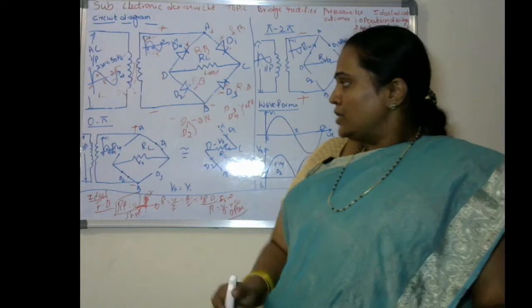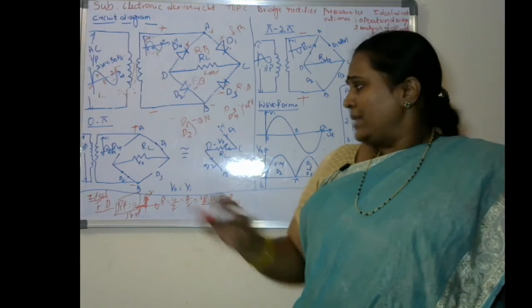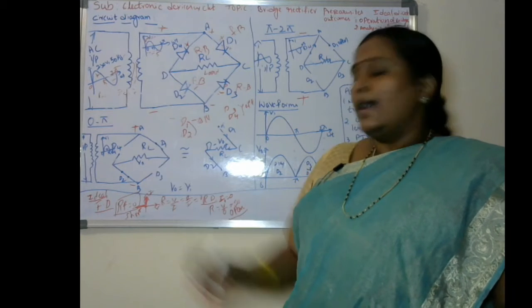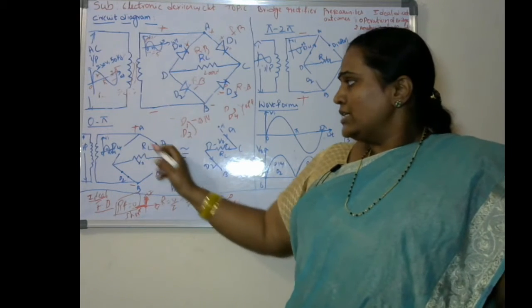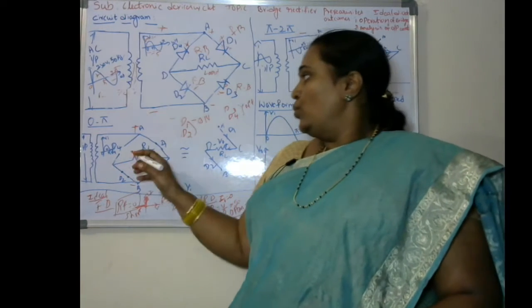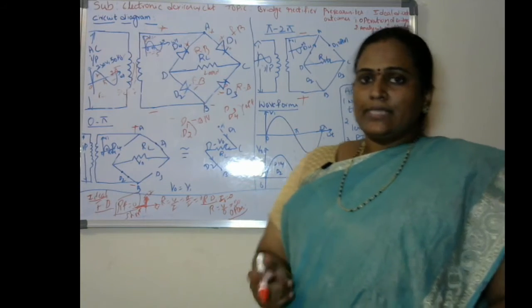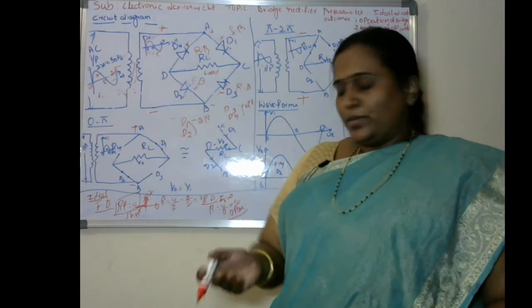So if you observe, for the analysis we mainly have to see what the output voltage across the RL is. When the output voltage exists, there exists a current. The current exists only when there is a closed path; there should not be any open circuit.